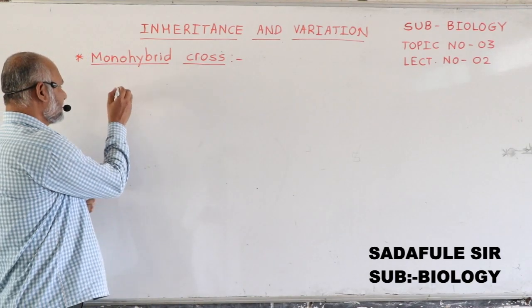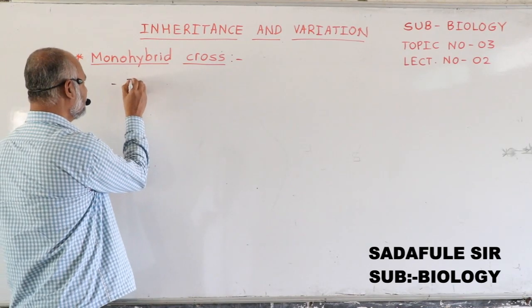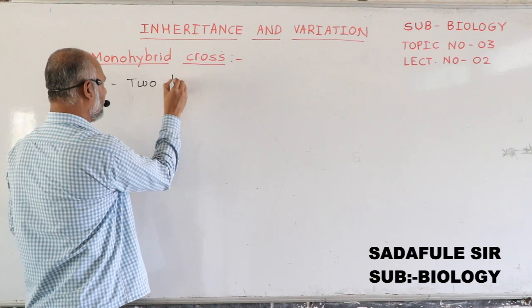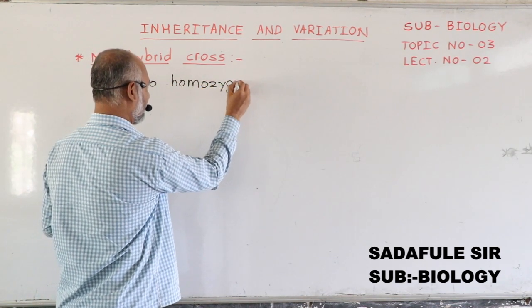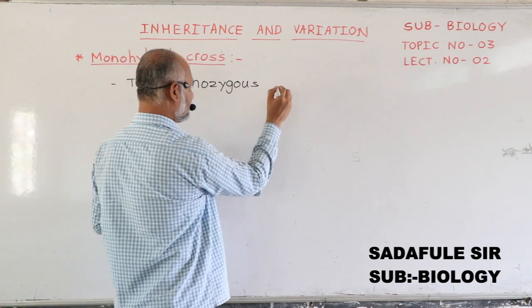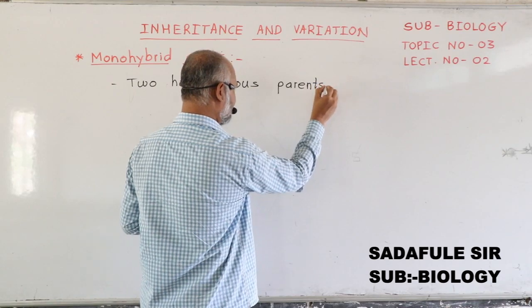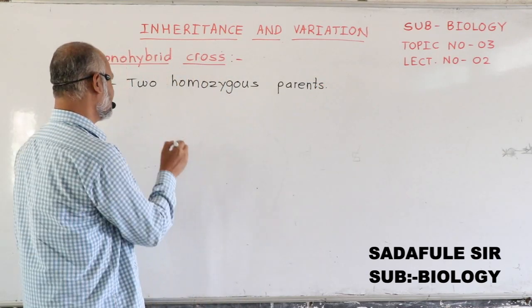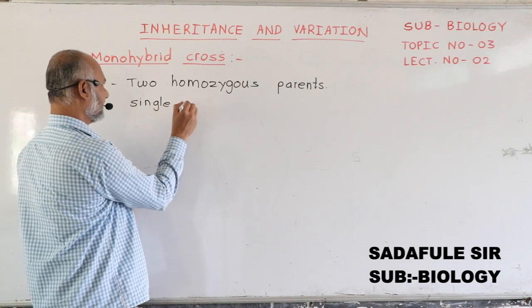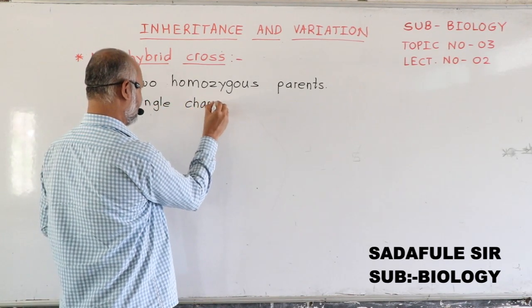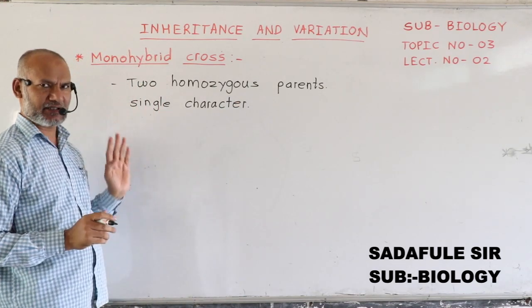The cross between two homozygous parents by considering a single character is called a monohybrid cross.